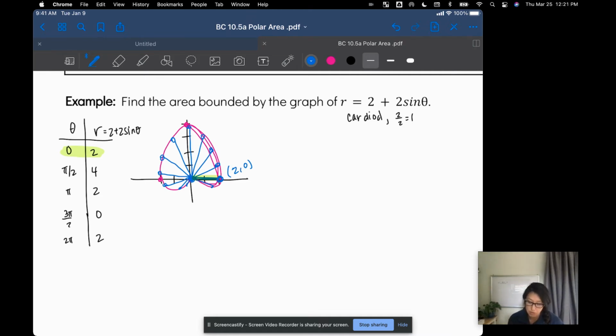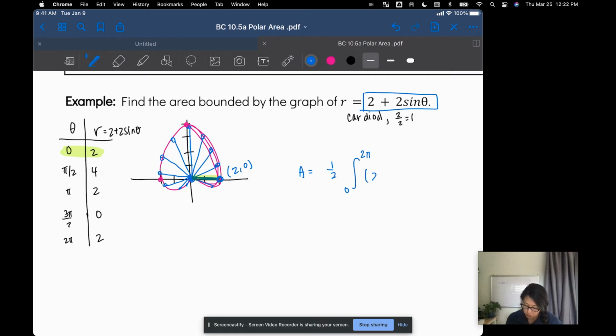The last angle that we're substituting in is 2 pi. So my bounds are going to be from 0 to 2 pi. So to get my area, I'm just going to take 1/2 times the integral from 0 to 2 pi of r squared. R is the equation.